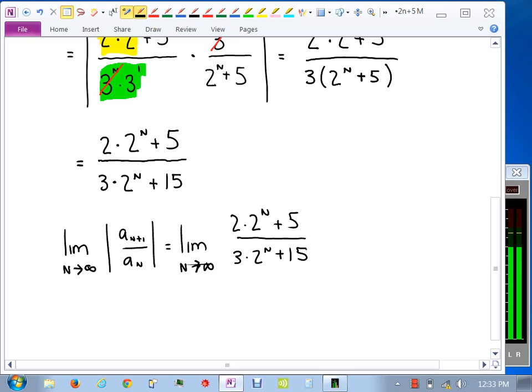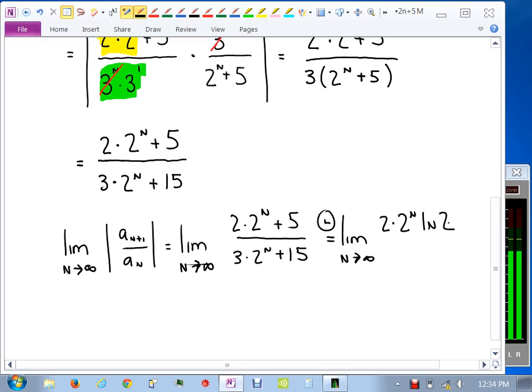So you could try L'Hopital's rule, which is going to be a problem because every time you try the derivative of the top, well, no, it should work maybe first time. What is the derivative of the top? I'll do L'Hopital on this one. 2 times 2 to the n natural log 2.